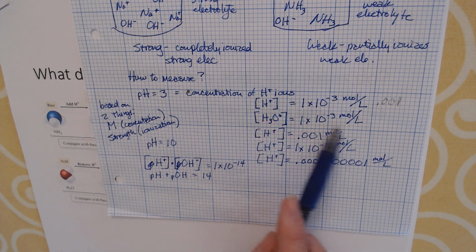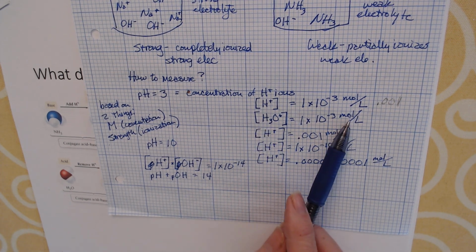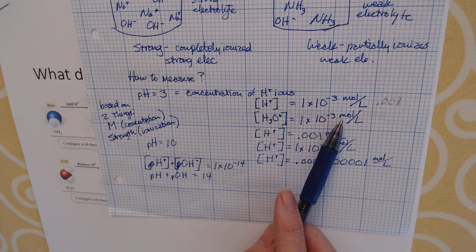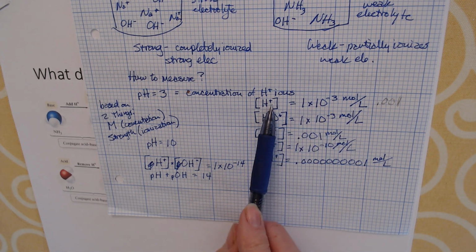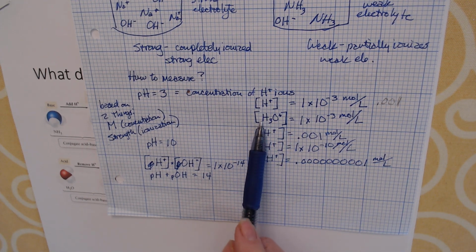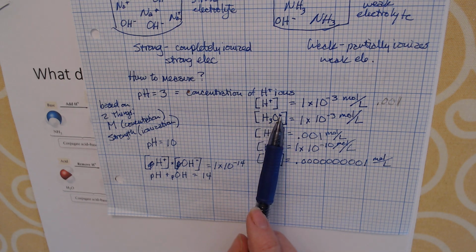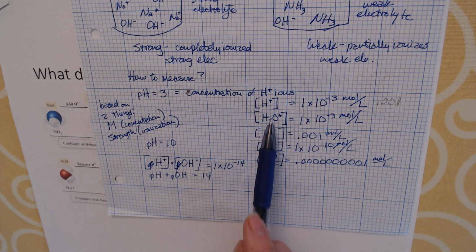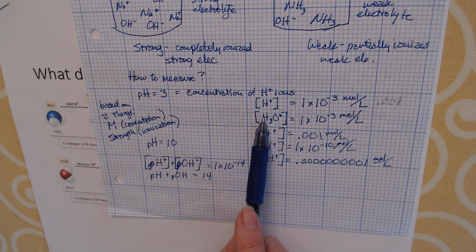Now, the only reason I have this line here is that standardly, in any chemistry class, we've always represented hydrogen ions this way. However, your book shows hydrogen ions this way as H3O+, all right? So these two mean exactly the same thing.